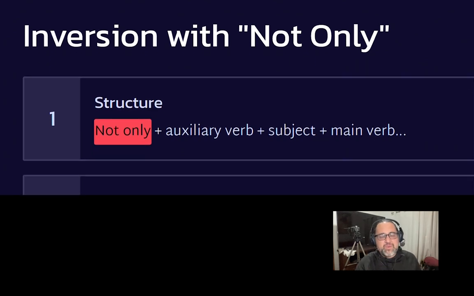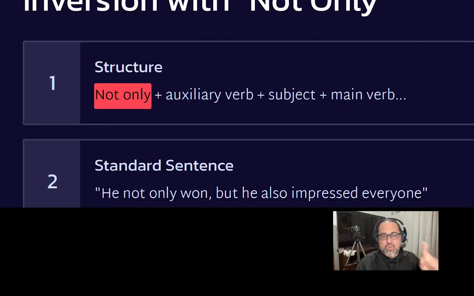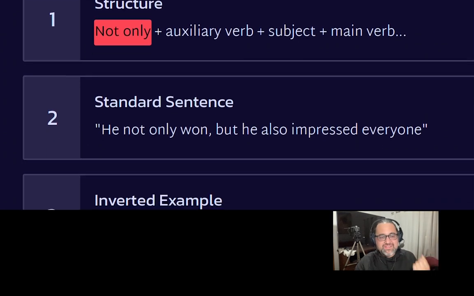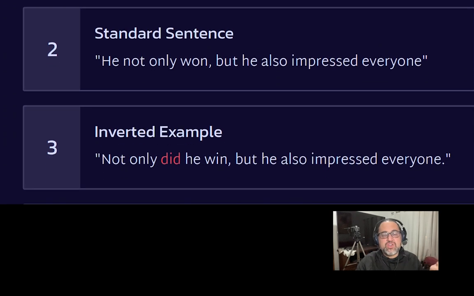Let me give you an example, the way you would speak without inversion. He not only won, but he also impressed everyone. Well, inverted, you will say something like, not only did he win, but he also impressed everyone. Look at how, since the original sentence is in the past tense, you need to use the auxiliary verb in the past tense, and then the main verb stays in simple form.